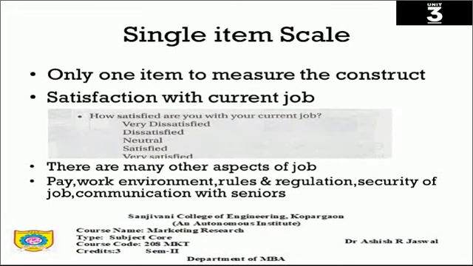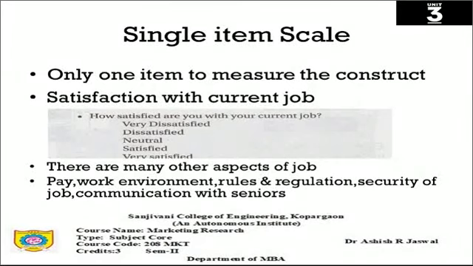What does it mean? Suppose the construct is satisfaction with current job and I frame a question: how satisfied are you with your current job? With very dissatisfied, neutral, satisfied and very satisfied on a 5-point scale.